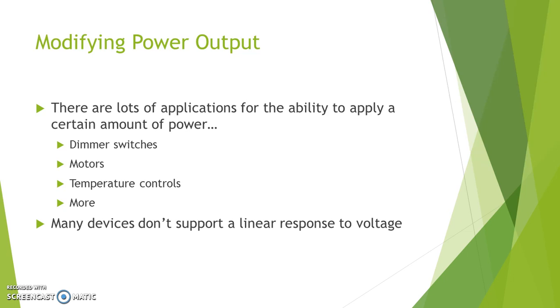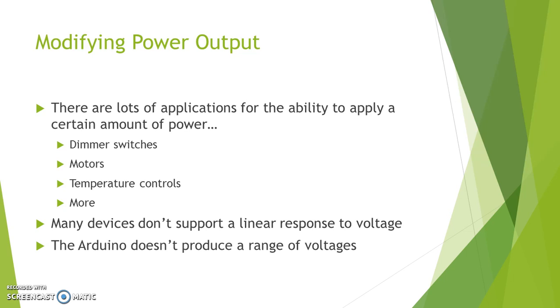Now, many devices don't support a linear response to voltage. What do I mean by that? Well, I'll qualify it a bit over the coming slides, but what I can say is we don't have an easy way to control power output.